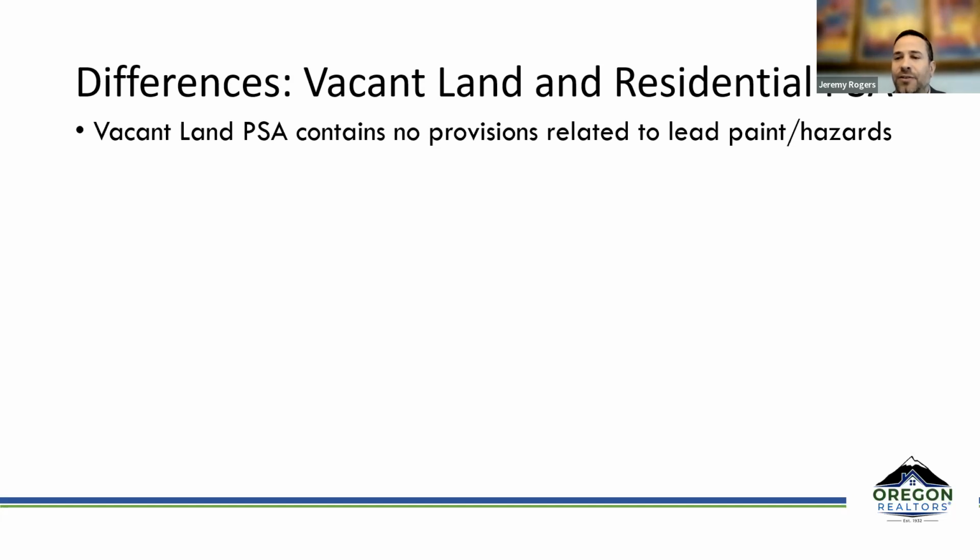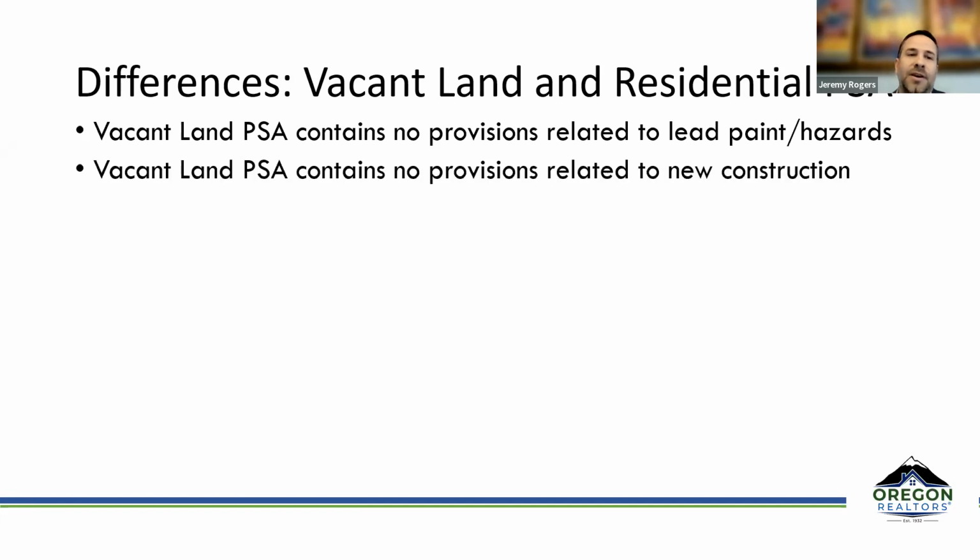That is because the federal law for lead paint and lead hazards only applies if there is target housing on the property, and presumably in most cases there is not even any structure on the property. So we're not going to have to comply with our federal lead-based paint laws, and those provisions are stripped out of the agreement, and the lead hazard addendum would not be used.